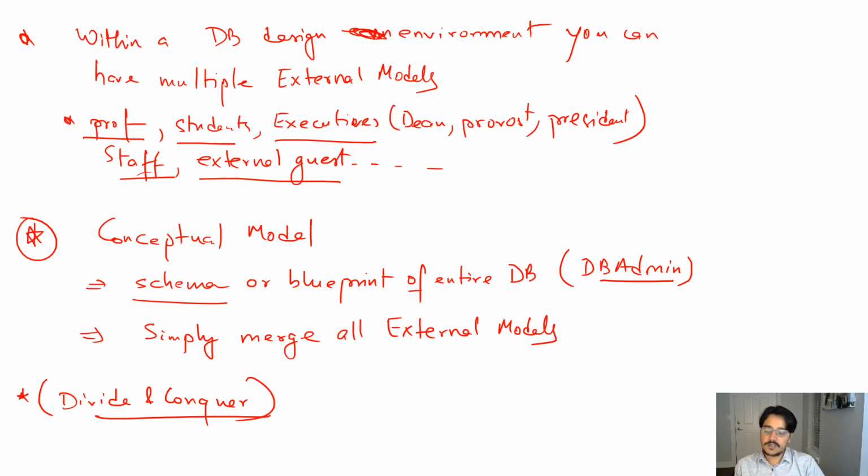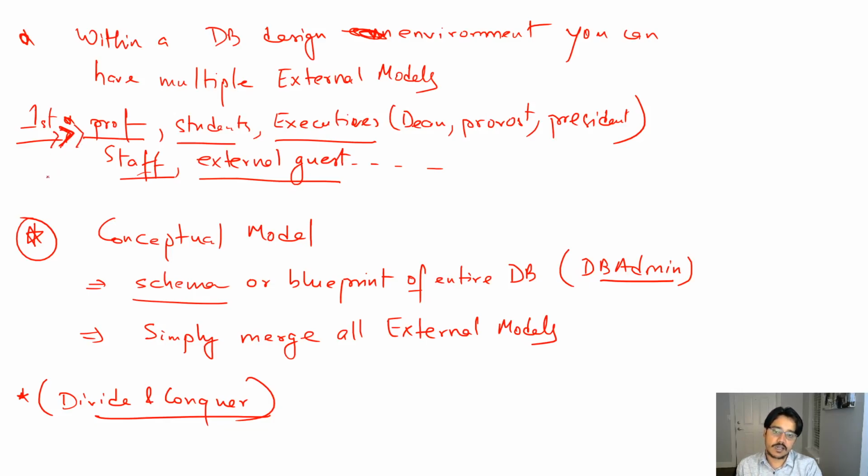So that means if you are trying to develop the database design for an entire database, you don't directly jump into the final design. You start by identifying the different involved perspectives within your design process.